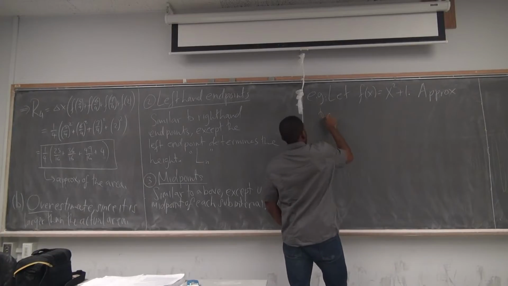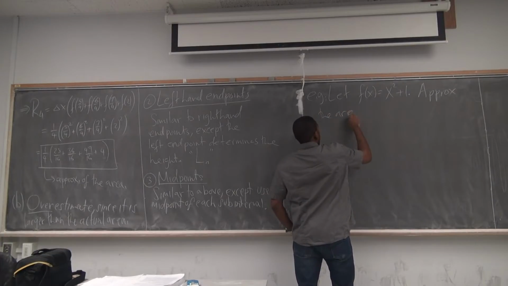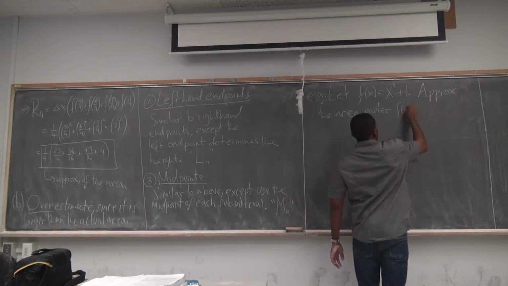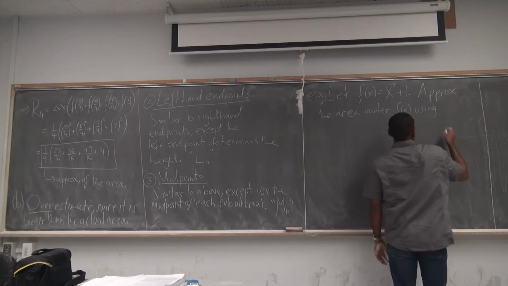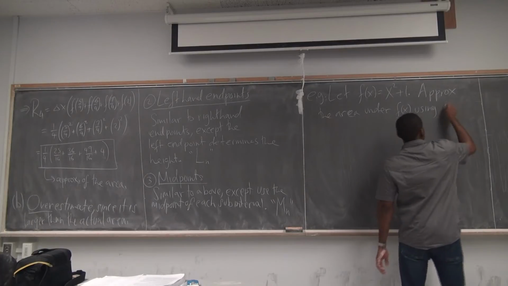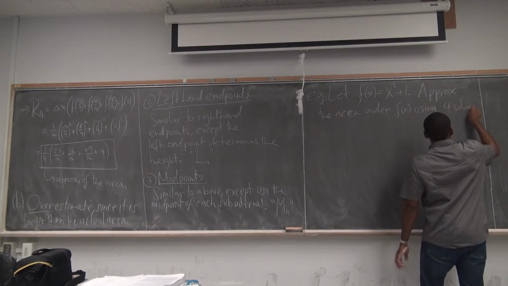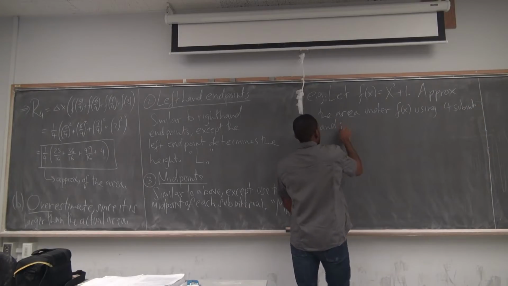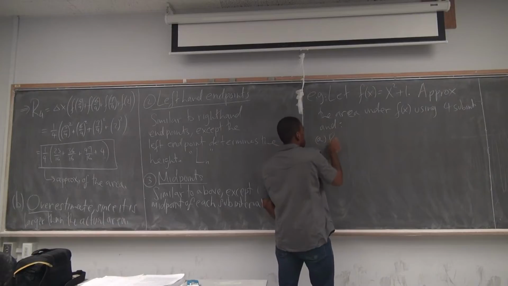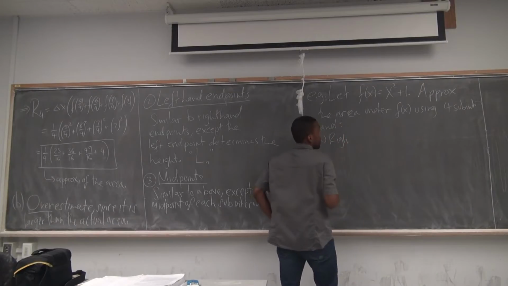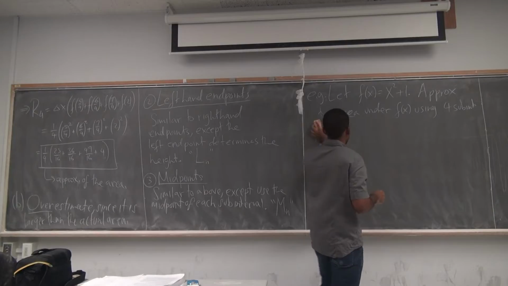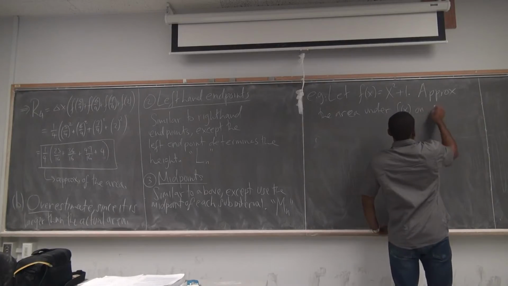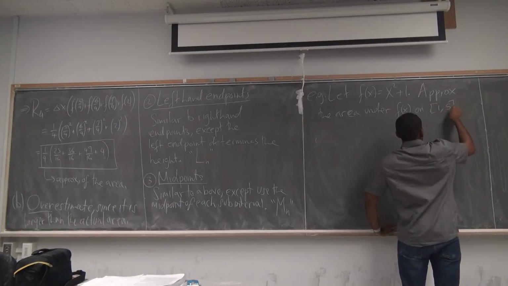Approximate the area under f of x using 4 subintervals and right-hand endpoints, on the interval 1 to 5.